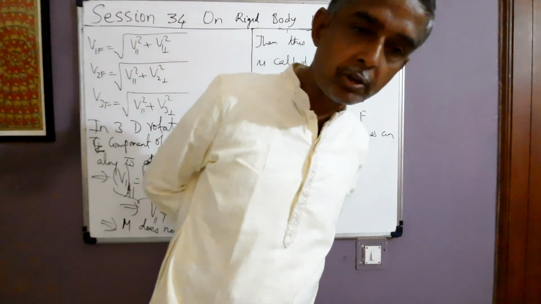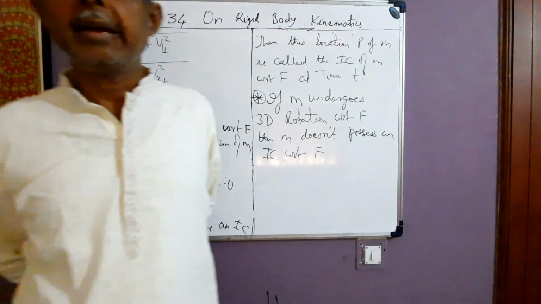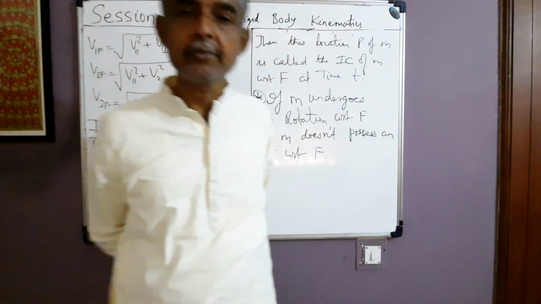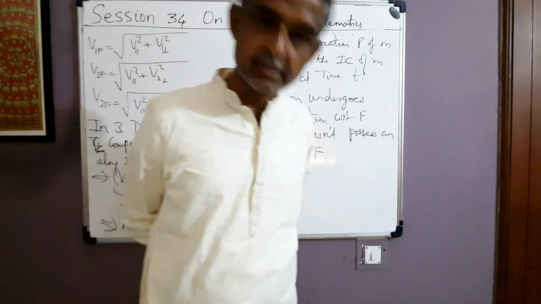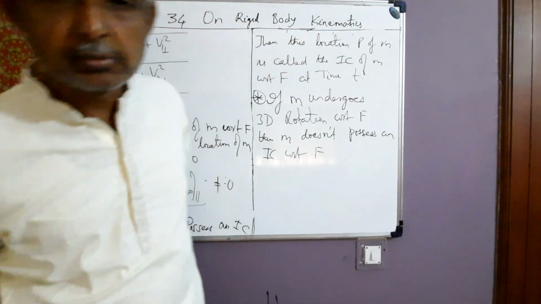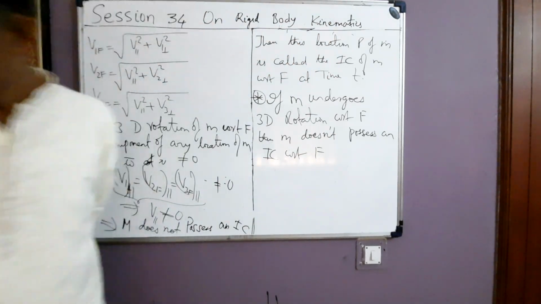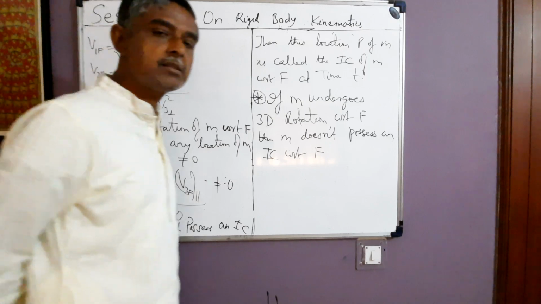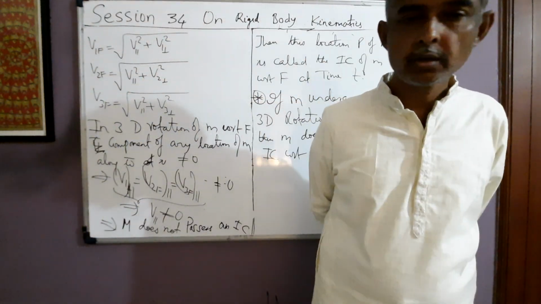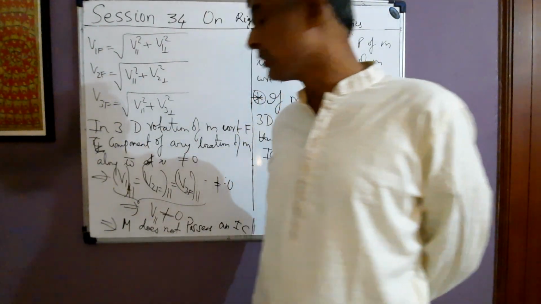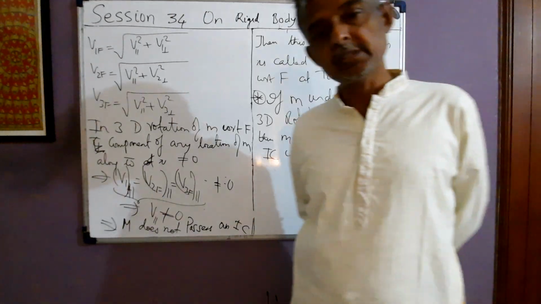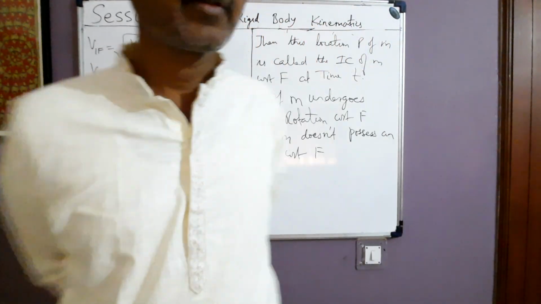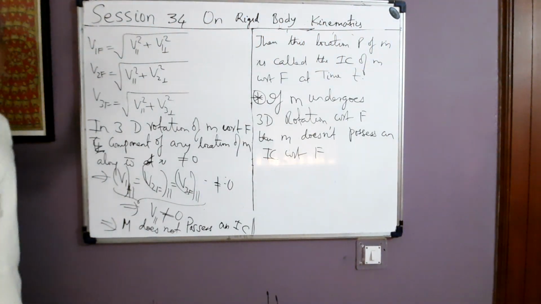So in 3D rotation of M with respect to f, M doesn't possess an IC with respect to f. That is, IC becomes non-existent. Is it clear? So if M undergoes 3D rotation with respect to f, then M doesn't possess an IC with respect to f.